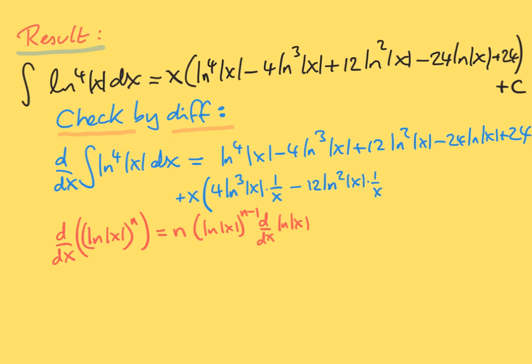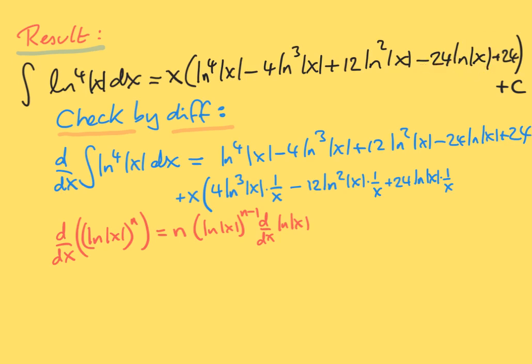And then for the next term that we're going to differentiate, 12 times 2, when we bring the 2 in front, is going to give us plus 24. And then it's log to the 2 minus 1, log to the 1, that's just log of x times a 1 over x. And then we're going to differentiate this.